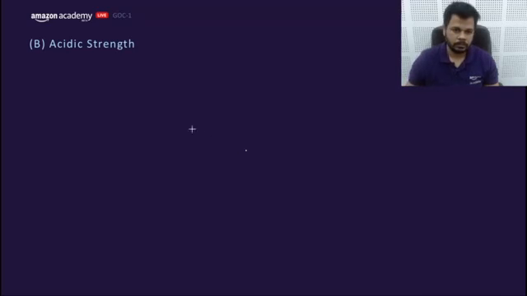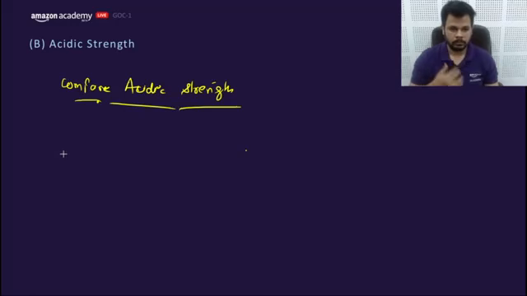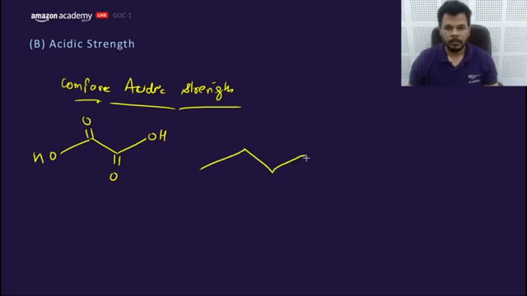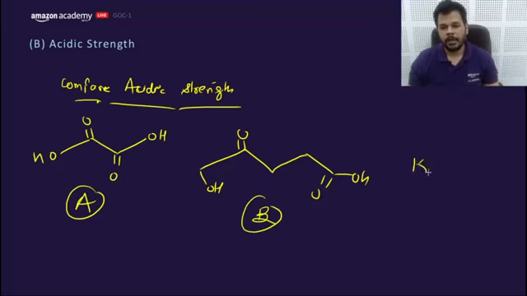Acidic strength, compare acidic strength. This is A and this is B. What would be the order of Ka1?